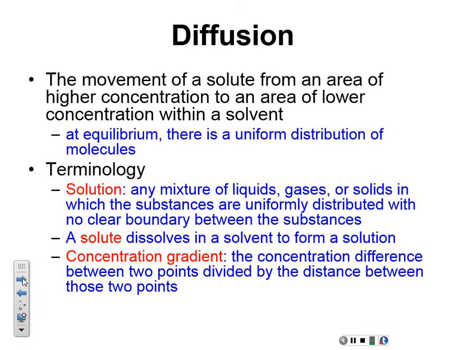Okay, so diffusion is the movement of solid molecules from high to low concentration, non-energy demanding, until equilibrium is reached, at which point there will be equal distribution of the solid throughout the solution. We all know what a solution is. It's a mixture with a solvent. In this case, the universal solvent is water. All the chemical reactions in the body occur in an aqueous environment, a solution, right? And the solid is what is dissolved inside the solvent.